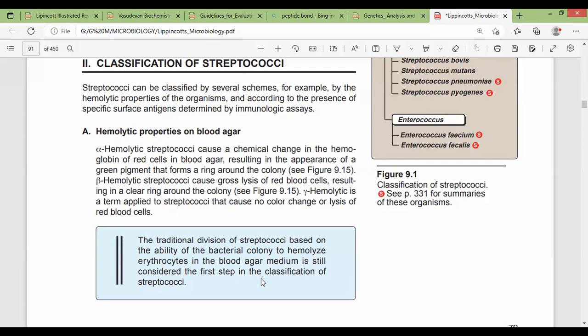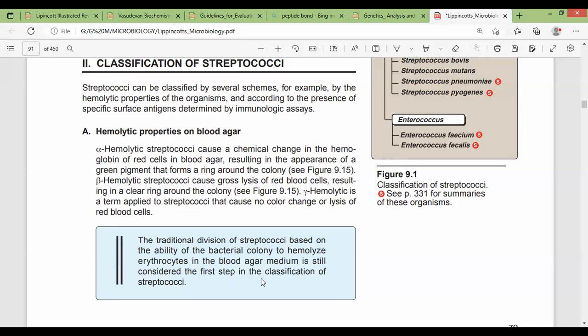But in beta hemolytic organisms, they do complete hemolysis or complete lysis of red blood cells. But for the gamma hemolytic organisms, they have no hemolytic property on RBCs.